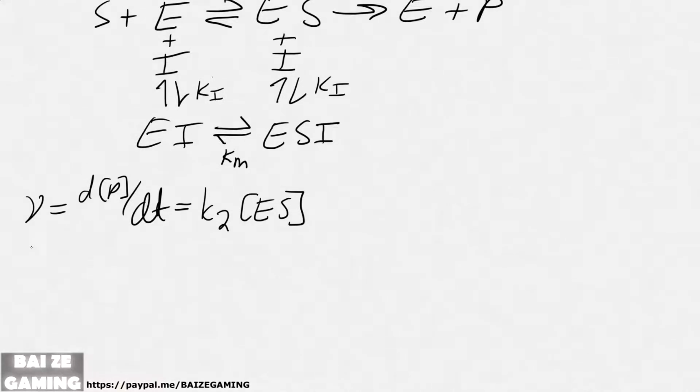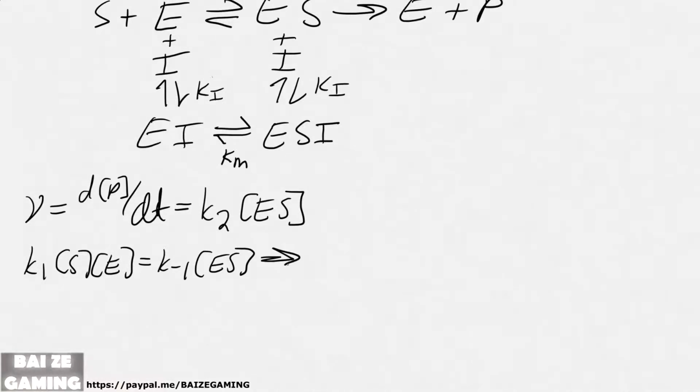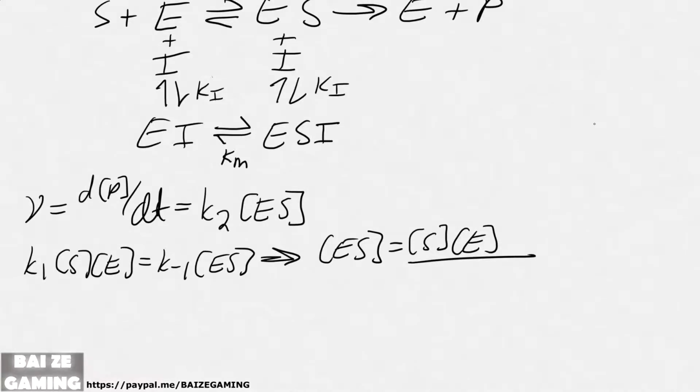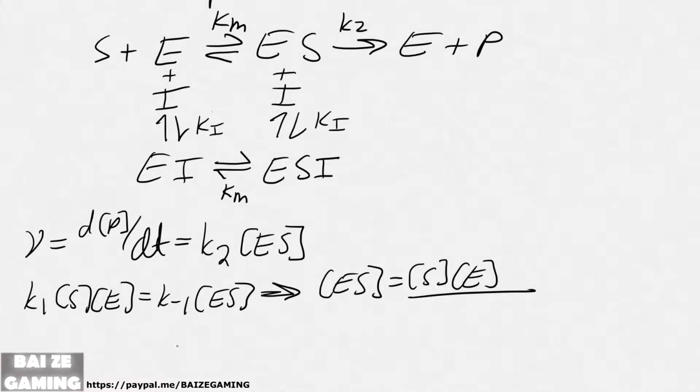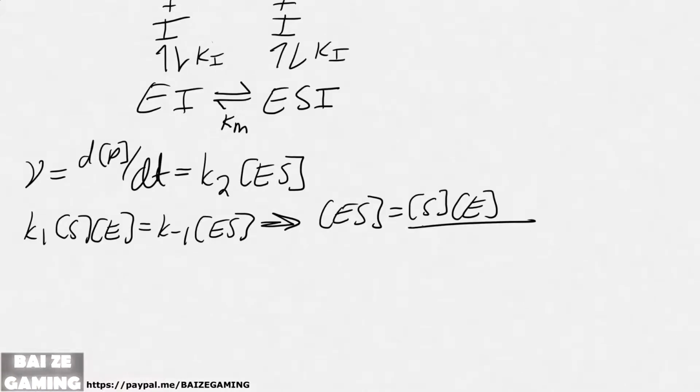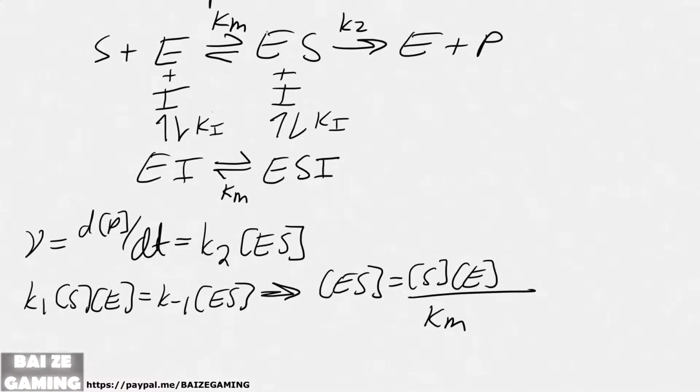And for the fast equilibrium assumption, forward rate equals the backwards rate, and we just solve in terms of the complex. We'll call this equilibrium constant big Km, so don't mix up the little k with the big K's.